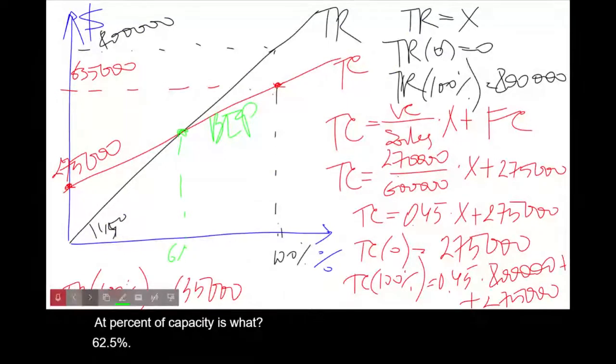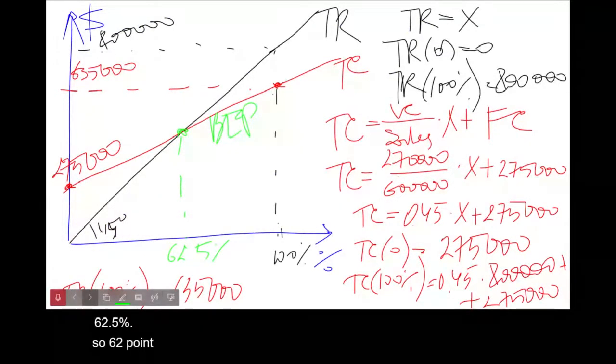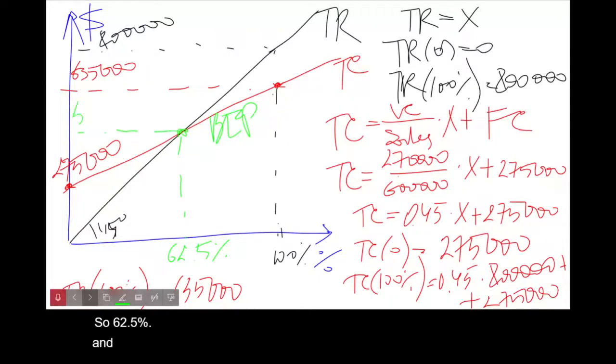So 62.5%. And here I have $500,000. That's the chart. Any questions, people?